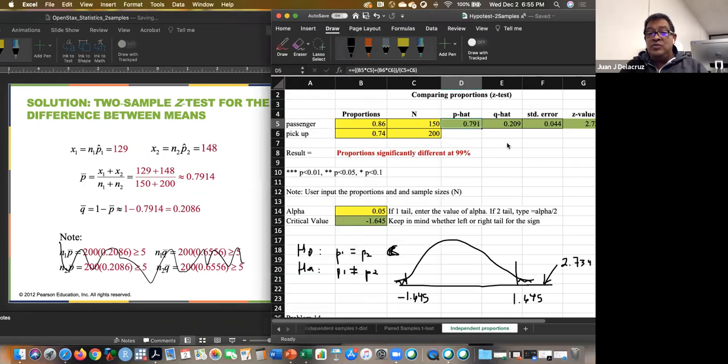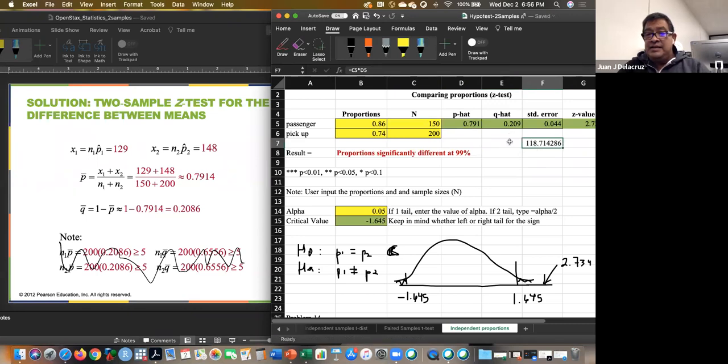So here we can do the same. We can say that here we multiply the sample times the p-hat. Hold on. Move it over here.